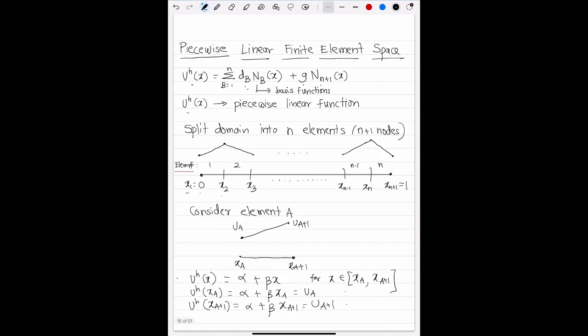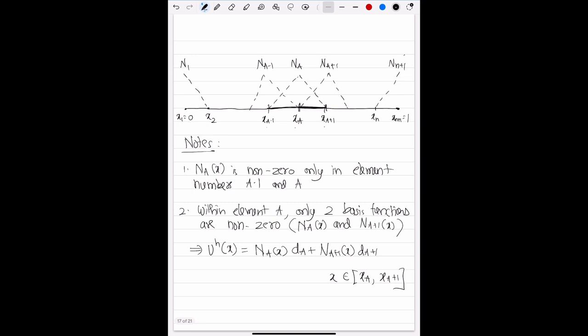So how do we get this? We know that in general, uh_h of x can be written as summation dB NB plus this second term over here. But we know that within this particular element, pretty much most of the basis functions are 0. So the only thing that is remaining in summation dB NB are dA multiplied by Na and dA plus 1 multiplied by Na plus 1, the only two non-zero basis functions.